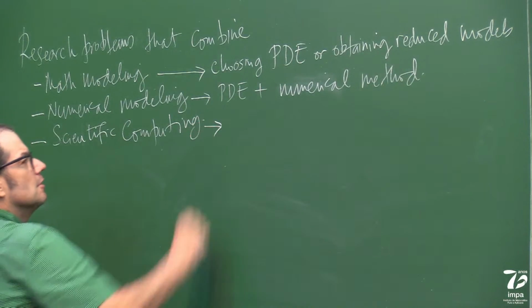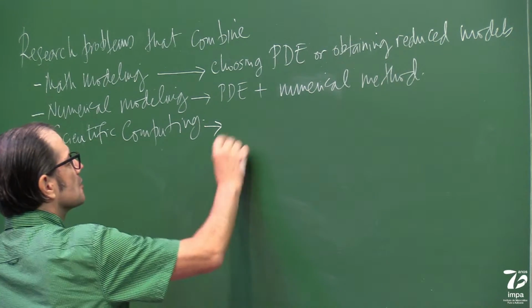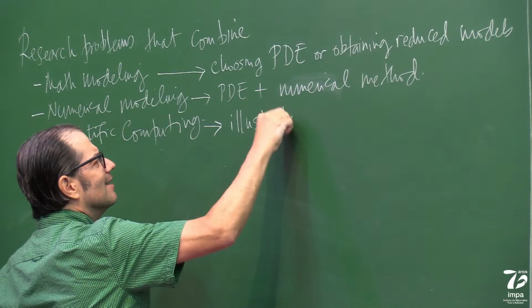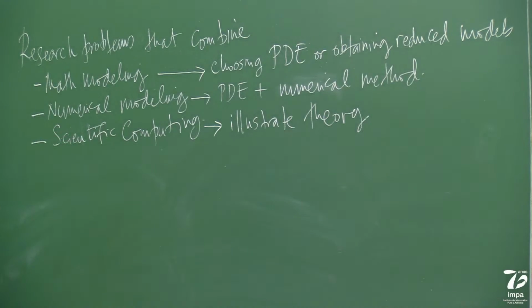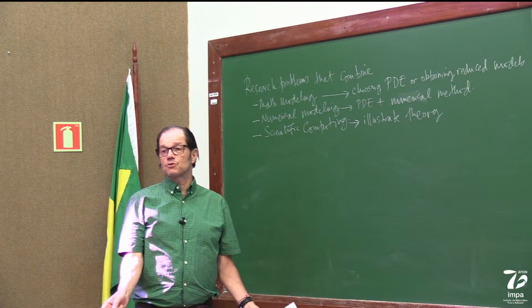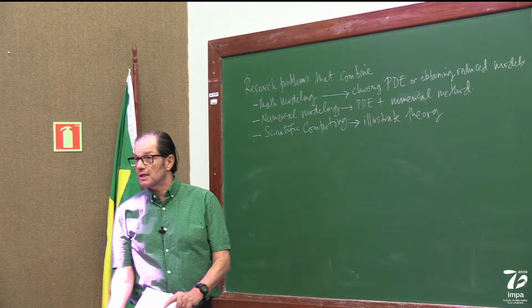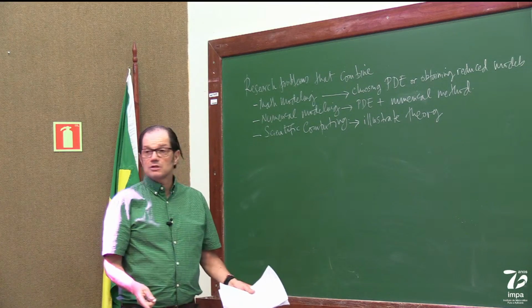And here is where scientific computing comes in several flavors in my research. That can be to illustrate the theory. Many times the theoretical aspects are very complicated, so we can't prove theorems, but we can indicate something through a formal asymptotic analysis, and then we want to illustrate the theory.